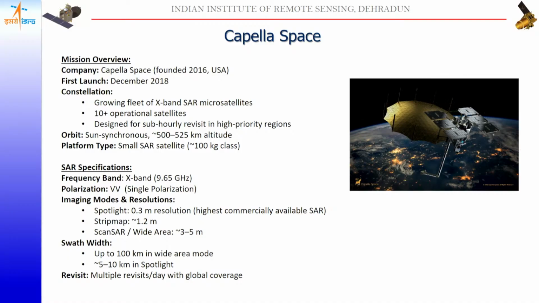So using the higher bandwidth signal and the multi looking concept, we get lower noise in the images. It has VV polarization, and we can have a resolution up to 0.3 meter, and in strip map mode we get around 1.2 meter resolution.